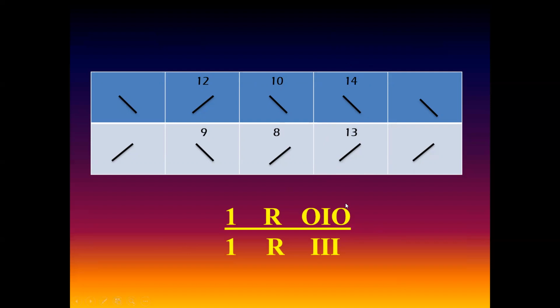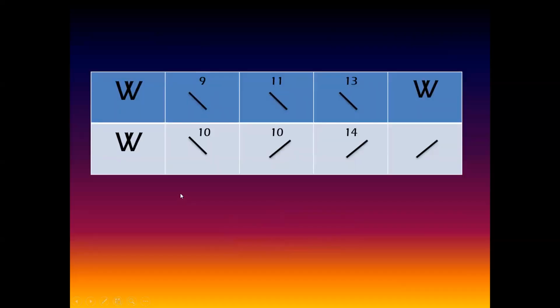So since we have 14 ridge counts here, we indicate here outer instead. So OIO over I. Outer, inner, outer over inner, inner, inner. So that is our subsecondary classification.